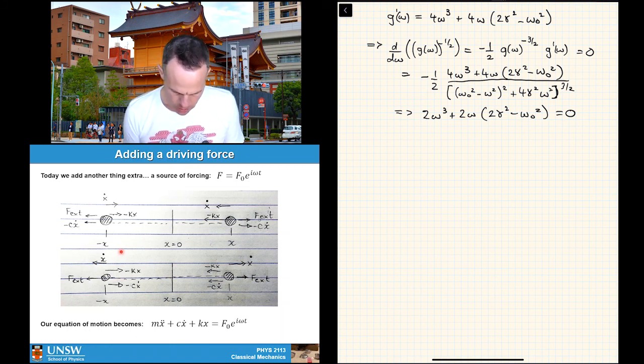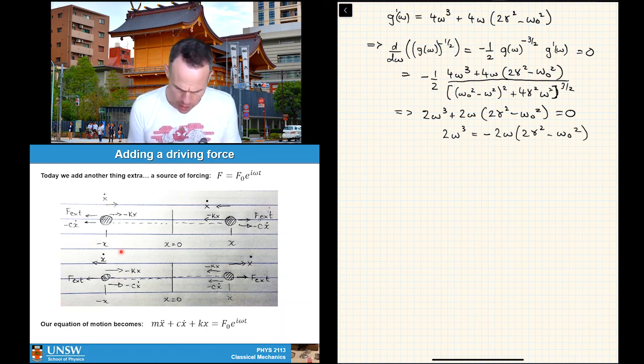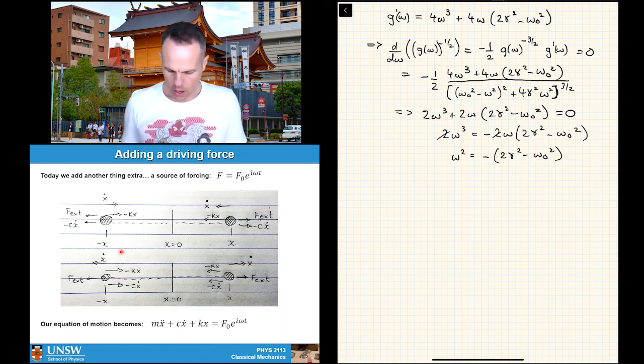We can go 2 omega cubed is equal to minus 2 omega times (2 gamma squared minus omega naught squared). We can cancel out the 2, we can cancel out one of the omegas, so this is now omega squared is equal to minus (2 gamma squared minus omega naught squared).